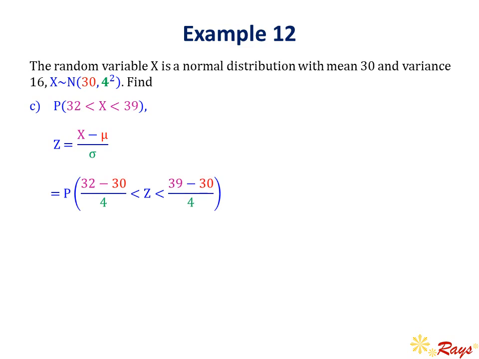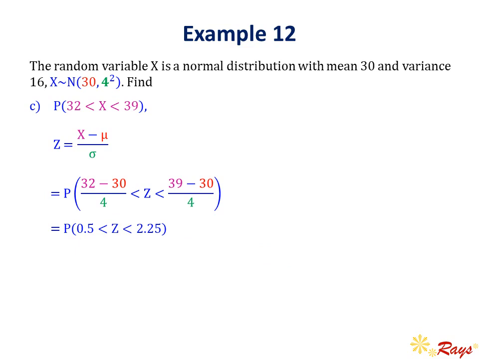After substituting all the values, this is the question in standard normal. It says find the probability of z in between 0.5 and 2.25. So both are still positive values. So the indicated area is still at the right hand tail.